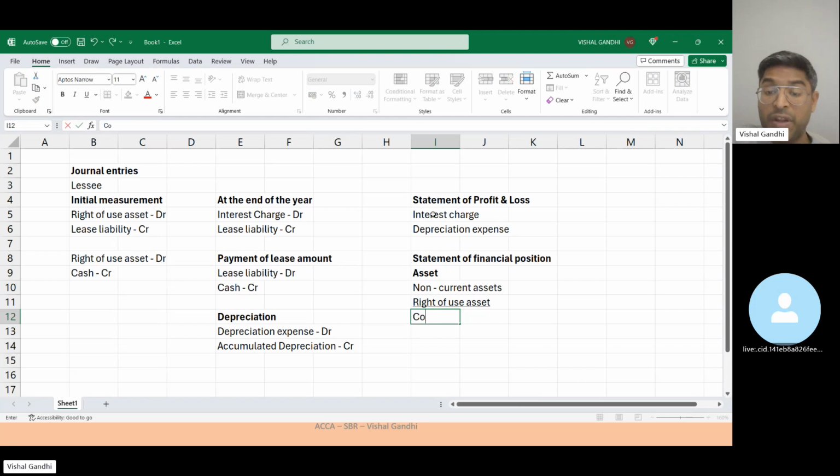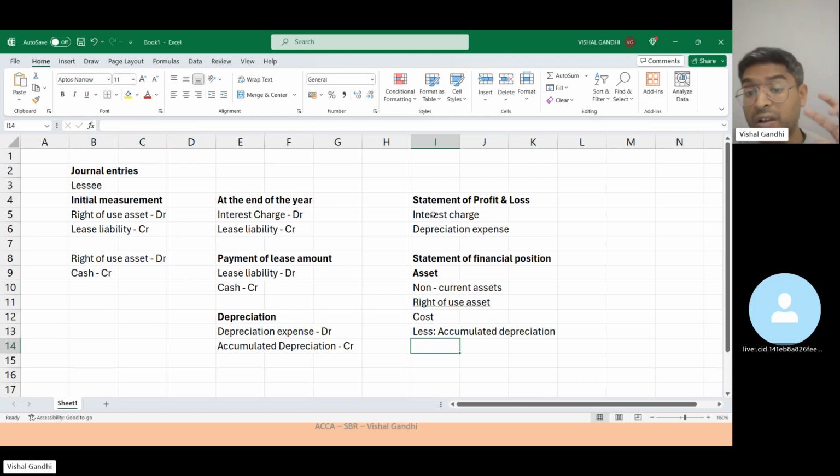Under the right of use asset, it will be cost less accumulated depreciation. This is how we will show it. This is an extract of how everything regarding this contract will appear in the statement of profit and loss and the statement of financial position.